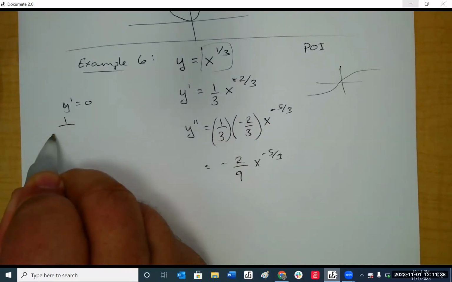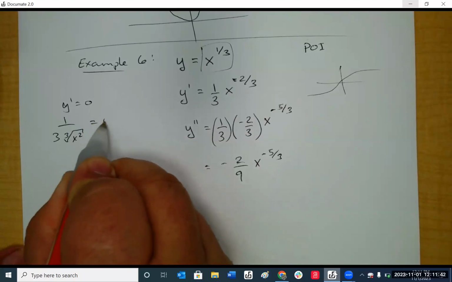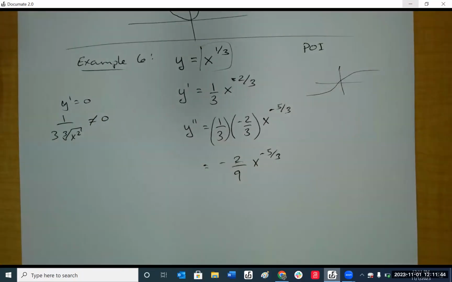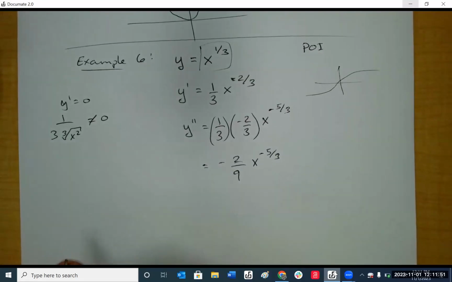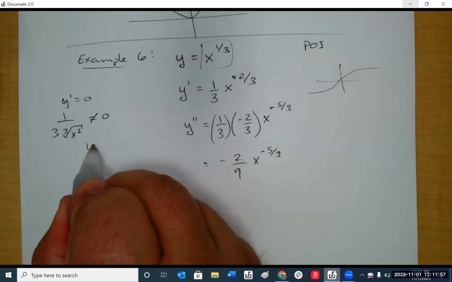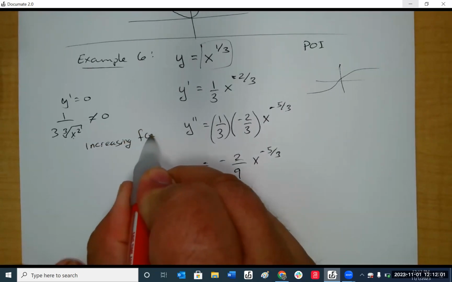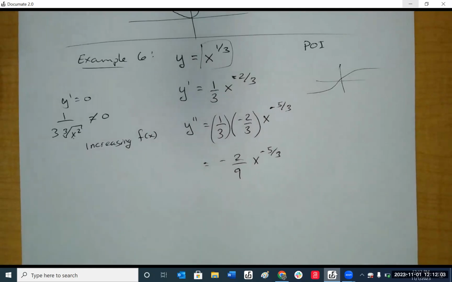It's 1/3 cube root of x squared. It cannot equal 0. So there's no vertex. But because the bottom can never be 0, it's always an increasing function, since it can never be negative.